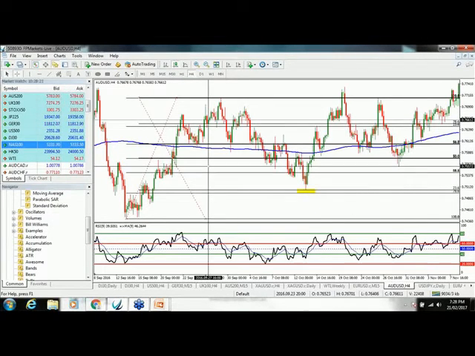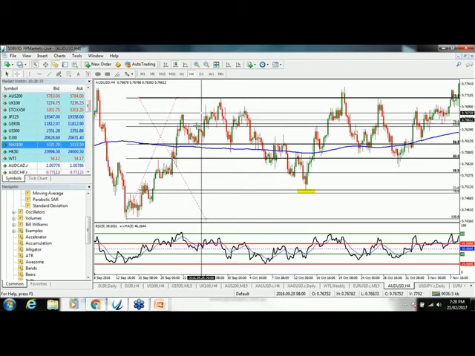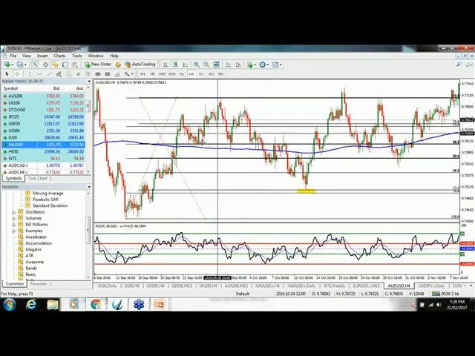Now, initially I saw a bit of a head and shoulders pattern happening here. If you can't see it, let me quickly draw that for you. You've got the left shoulder, head, right shoulder, it came down and tested it, and I used this distance to measure the potential take profit. So I'm going to use a box to do that.